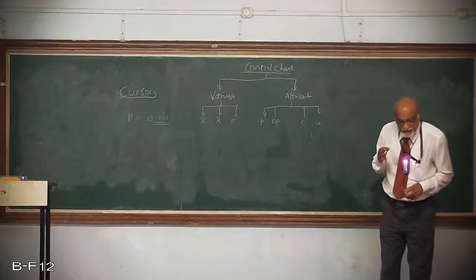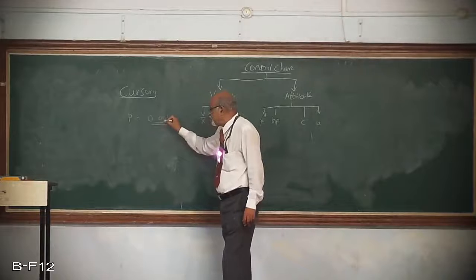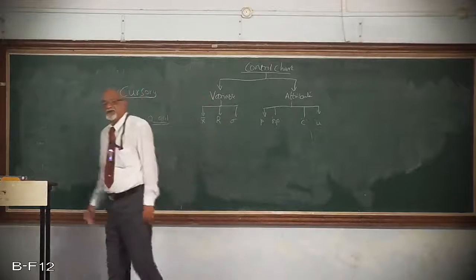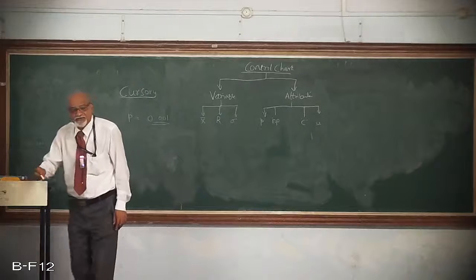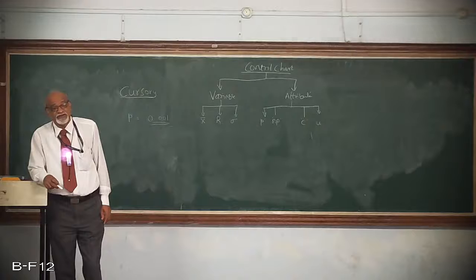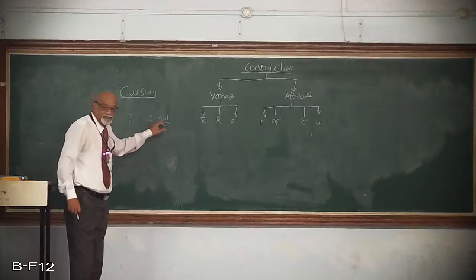But in reality, out of 1,000 items, P is equal to 0.001. P is usually expressed as fraction defective, or as percentage defective. Both things I have noted down here. P is equal to 0.001.